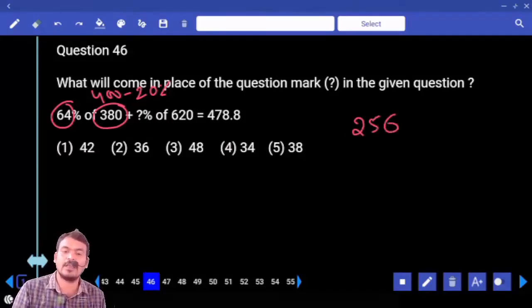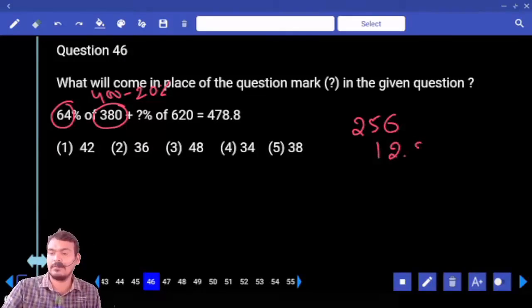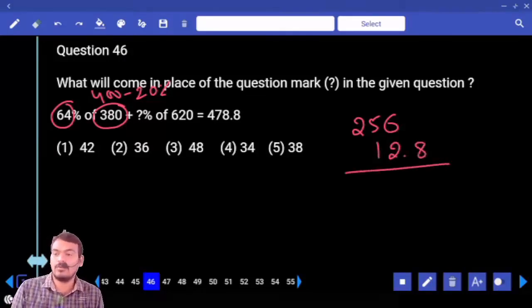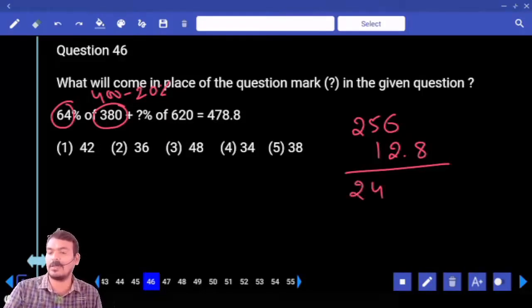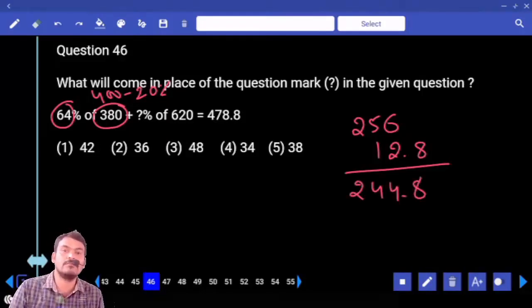In that, how much percent are we subtracting? 20%. 10%, 6.4. 20%, 12.8. These two are subtracting or not? 256 minus 12.8. What is the remaining value? 244.8 or not?